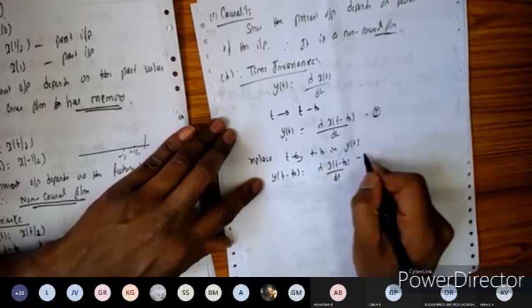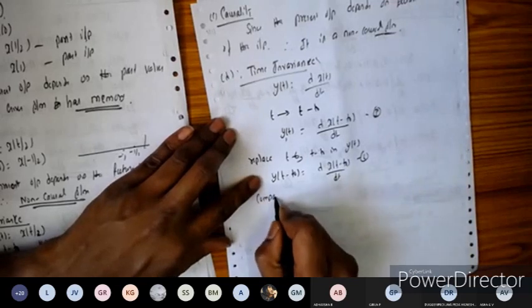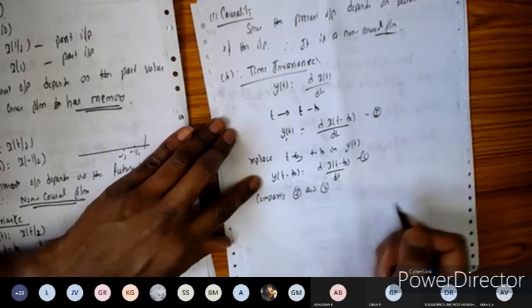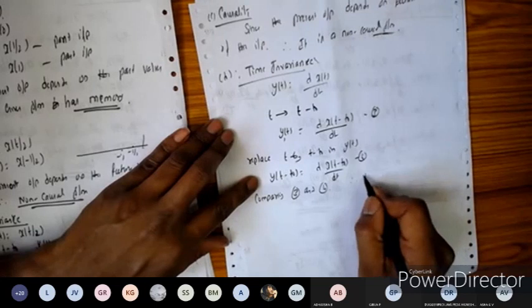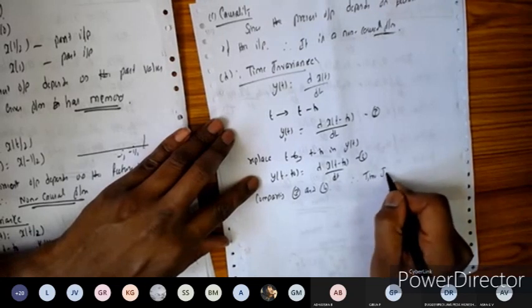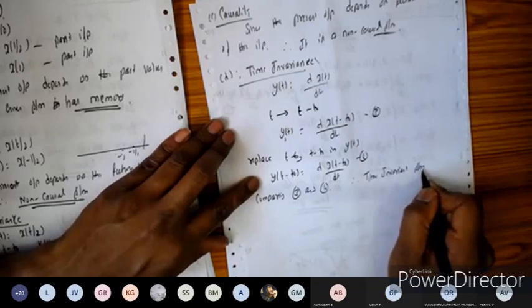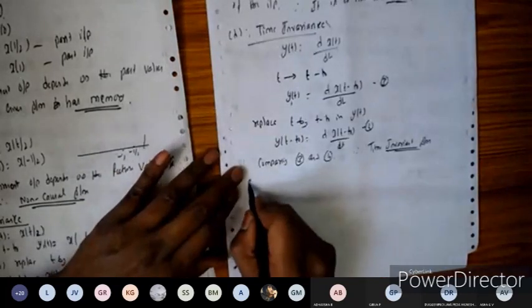Let us compare equation numbers 3 and 4. Comparing 3 and 4, the given system is a time invariant system here.